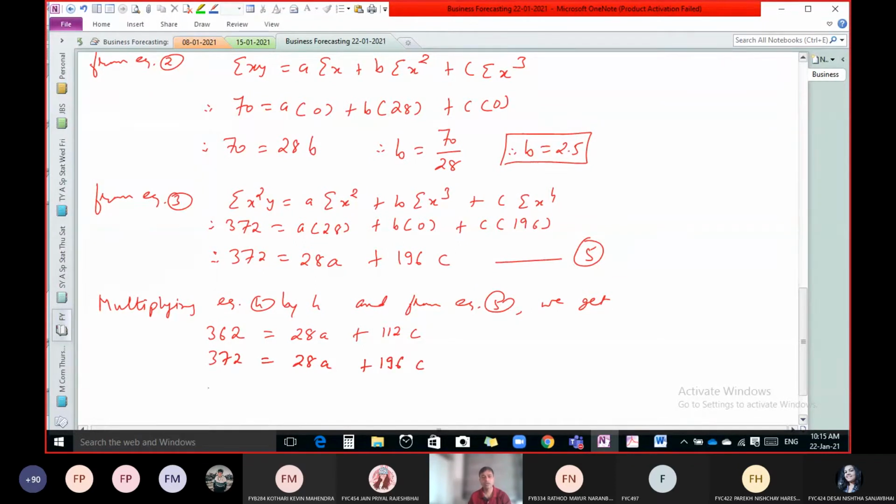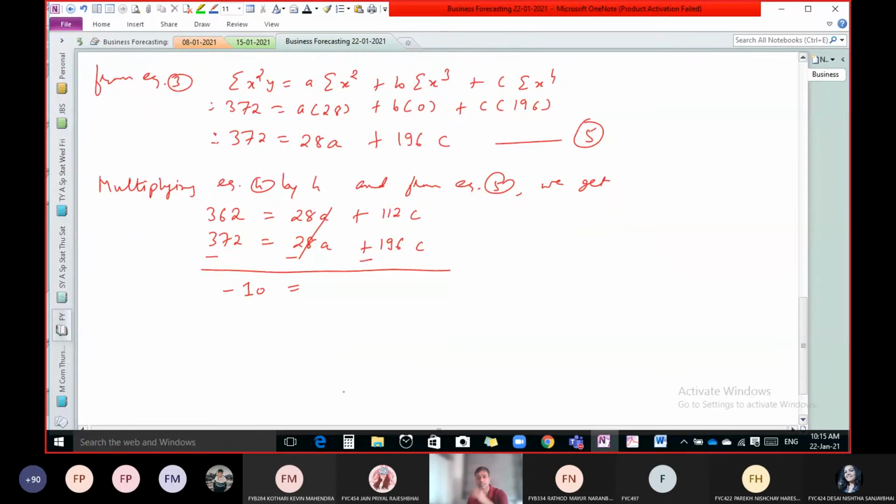So now use the method of elimination. We know that we have to subtract, we have to change the sign. So this will cancel. And now what we get here in left hand side, 362 minus 372, that is minus 10. And here minus 112 minus 196, what we get?